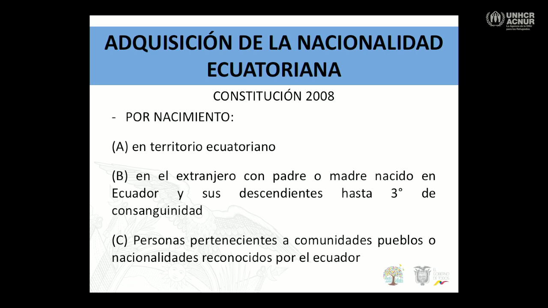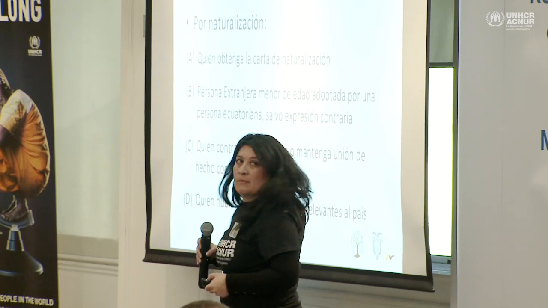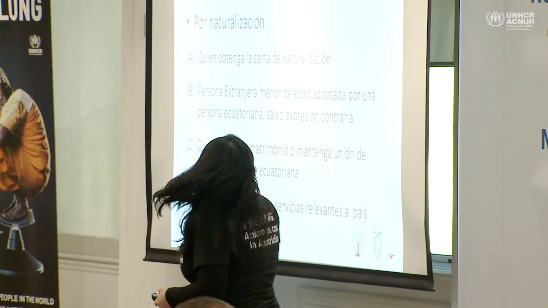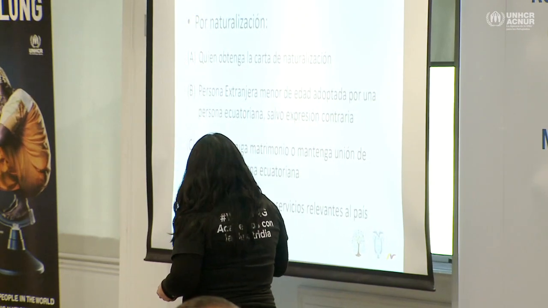In 2008, we can say that it can be by birth or abroad, with parents being Ecuadorians and with a degree of blood relations. And we can see that this is also concerning the people from different populations in the country.